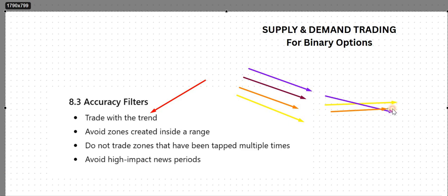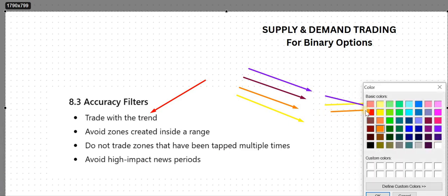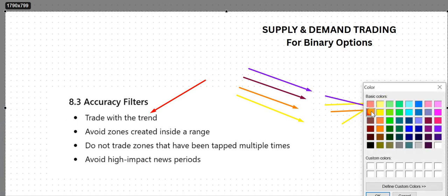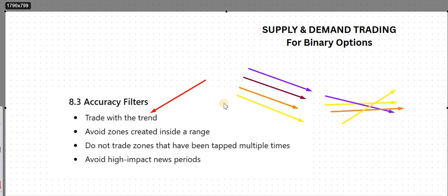You see the EMAs interwoven. This is how you know a ranging market. Now, if you see price in between, you avoid. This is how you avoid trading inside a range. Avoid zones created inside the range.